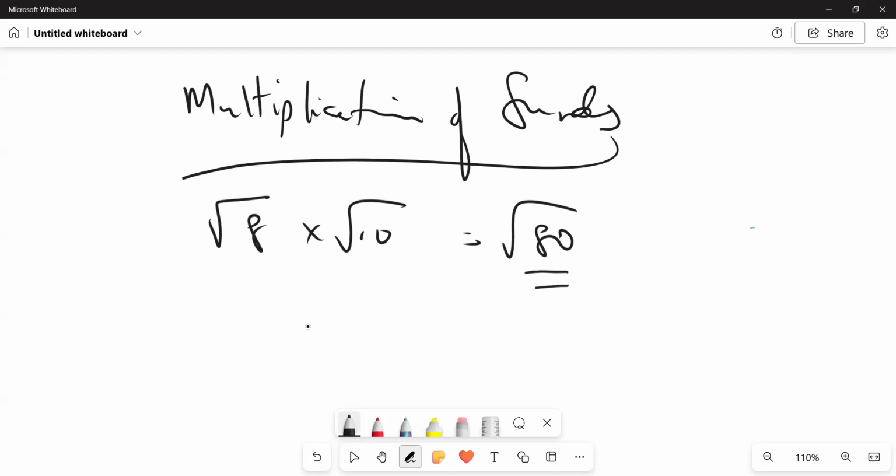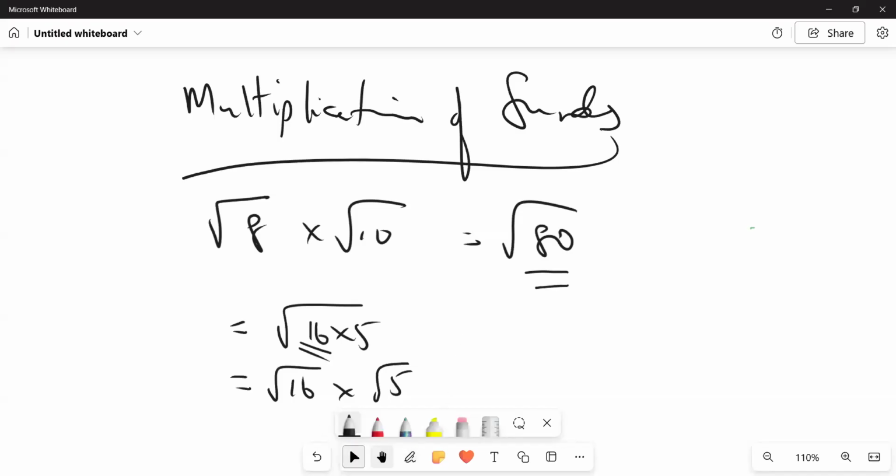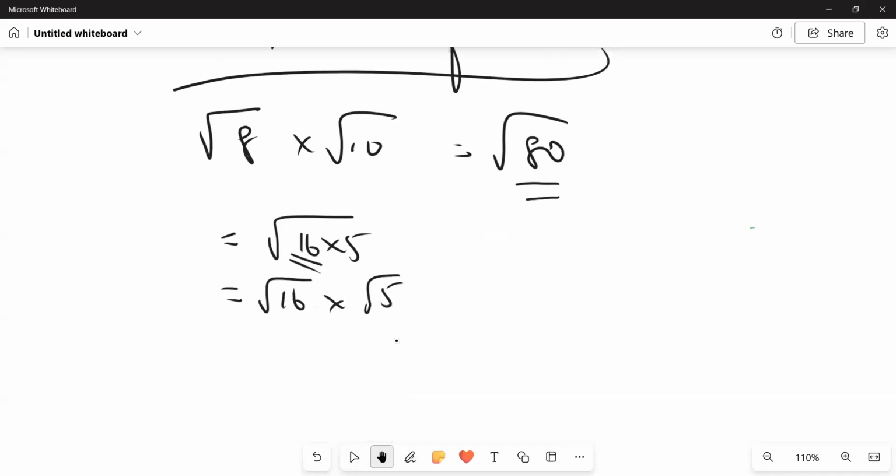I want to think that is equal to 16 by 5, and this here is a perfect square, so that will be root 16 by root 5, which will turn out to be 4 root 5.